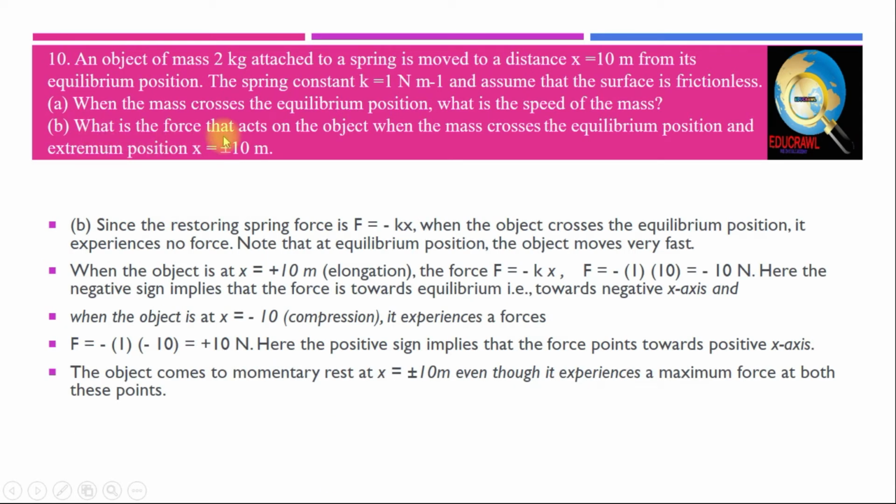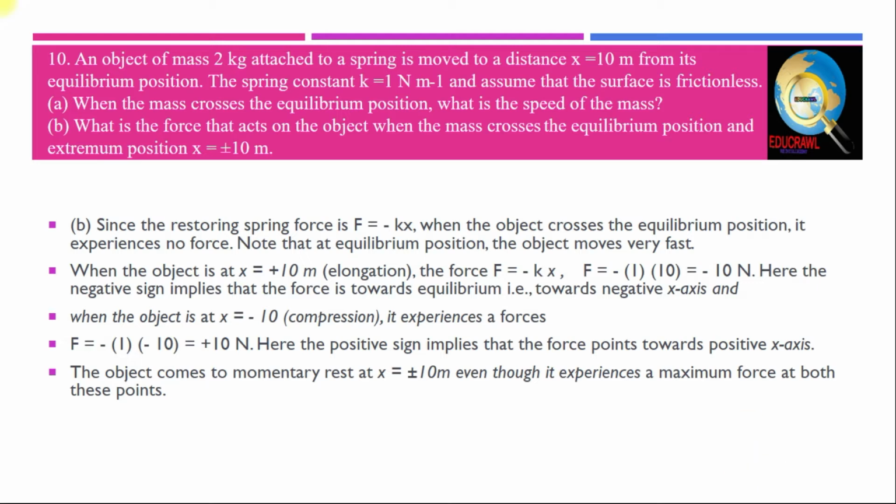Next, what is the force that acts on the object when the mass crosses the equilibrium position and extreme position, they have asked. Here the force is nothing but the restoring force. You apply a compression or you expand the spring, you remove the force, what happens? The restoring force acts on the object and it brings the spring to its initial position.